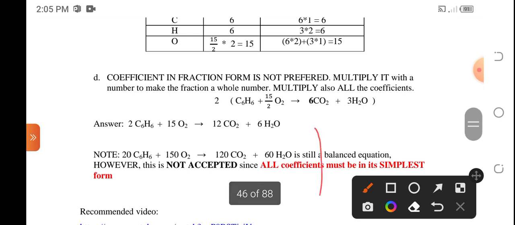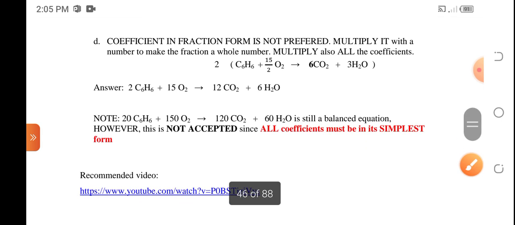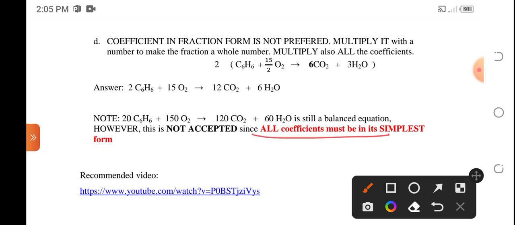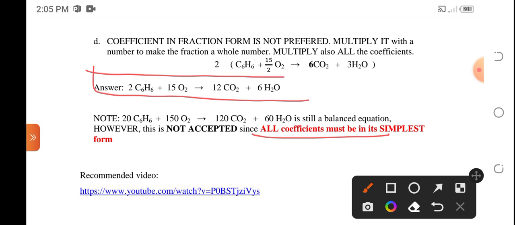Okay, now you might say that there will be a point that you're going to come up with a very large number, and if you're going to count, balance pa rin din naman. But meron pa tayong isang rule that all the coefficient must be expressed into its simplest form. What I mean is, so say for example, we had derived a while ago that this is the balanced coefficient.